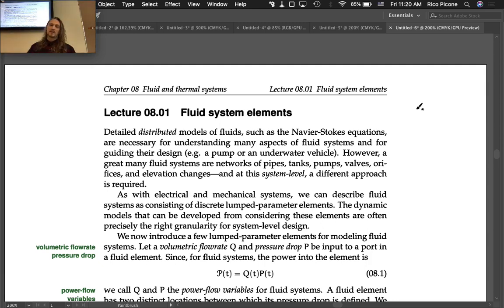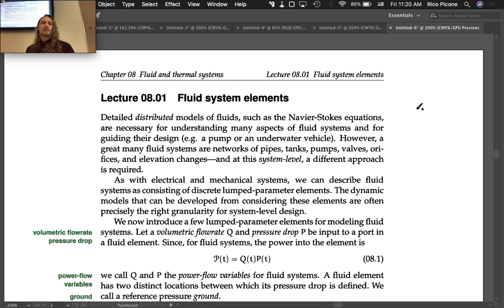But it depends on the application. So they're both valid. They both have their uses. What we're going to look at is a way to approach a system level design. So hopefully that clarifies the difference a little bit.